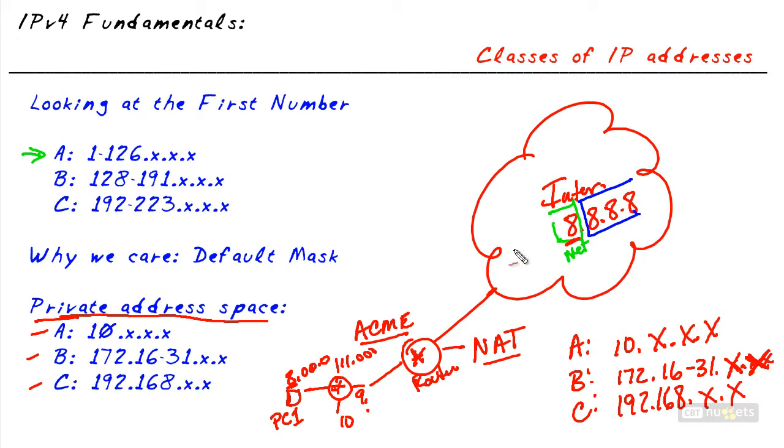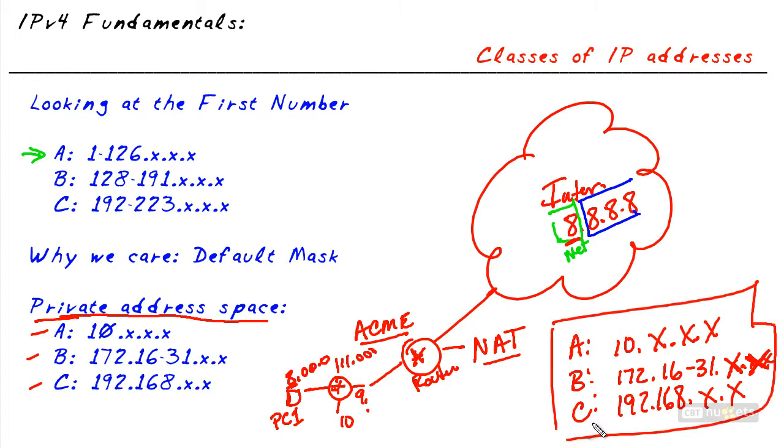And again, to get out to the internet, we'll simply use network address translation to translate one of our private addresses into a globally routable address, so the internet doesn't really know what our internal private addressing space is. They'll simply see the address that we translated to during the NAT process.